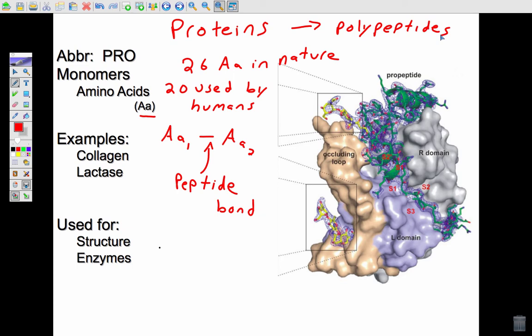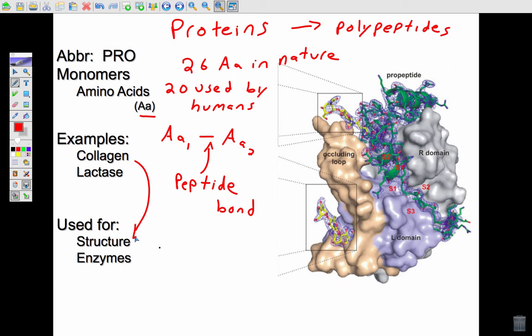There are millions of different proteins, but examples are collagen. Collagen is a protein that's used in our body to create structures, and it is very strong. It's in our skin and our hair and our nails. It's in our bones.